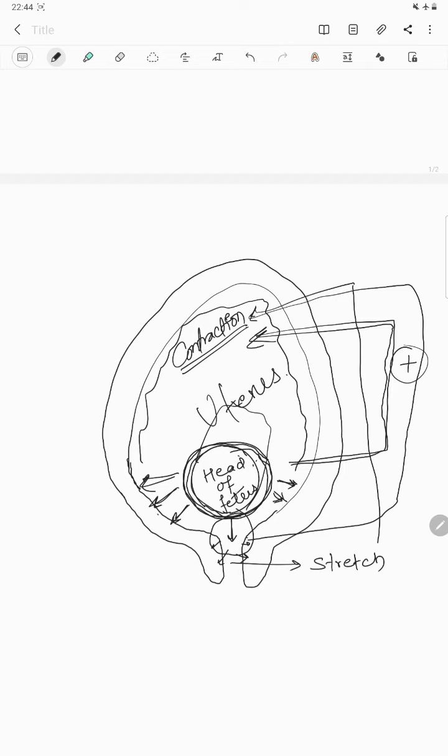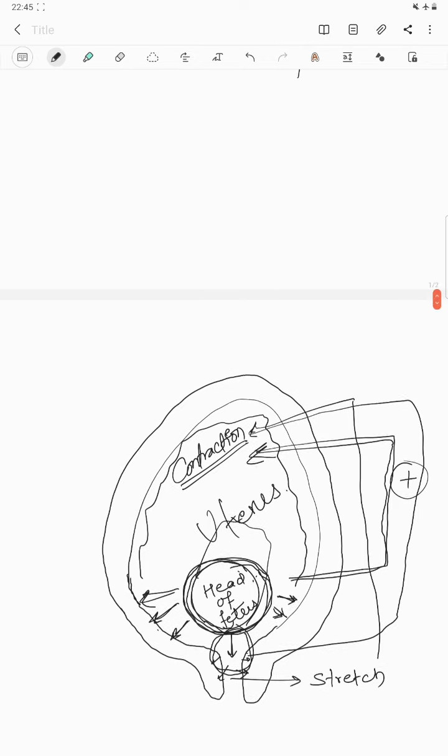Again, with the contraction of the uterus, it will be moved a little bit down. It will stretch the cervix more, and so like this, the vicious cycle, the positive feedback. Stretch is producing contraction, that contraction is leading to a little bit of movement, that movement is again producing stretch, and then stretch is again producing contraction. This is a positive feedback cycle produced by mechanical factors in expulsion of the fetus.